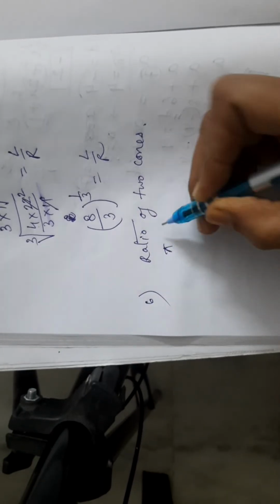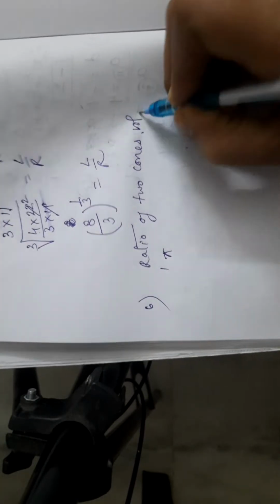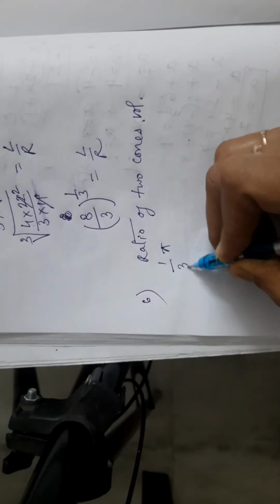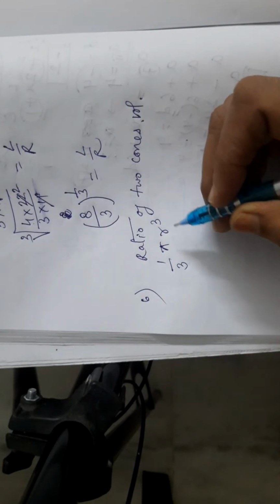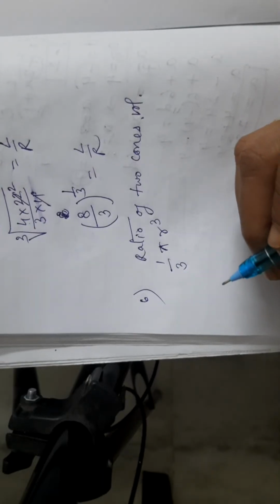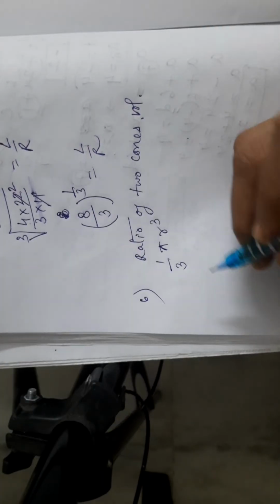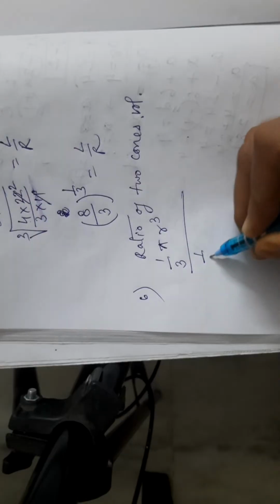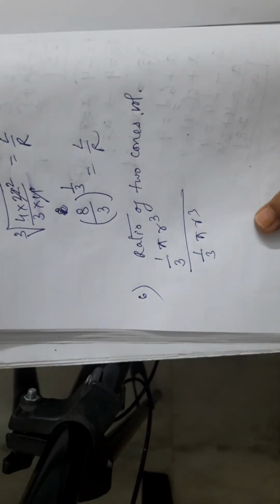As it is a cone and we are finding the volume ratio, the formula is 1 by 3 pi r squared h. Find the ratio of two cones with the same radius. The radius is same.